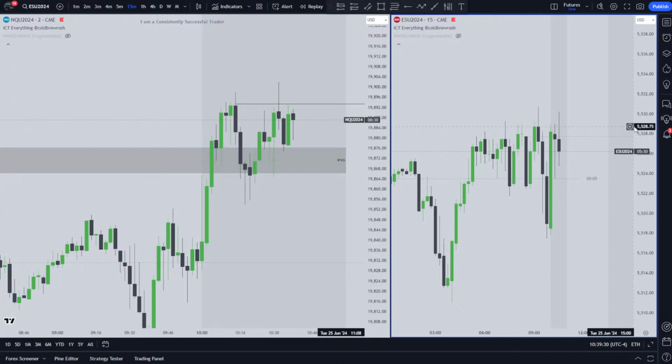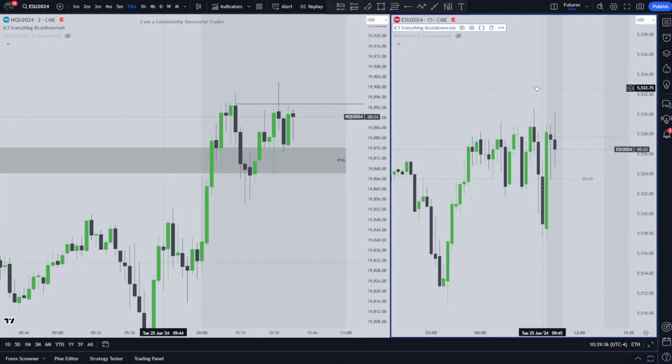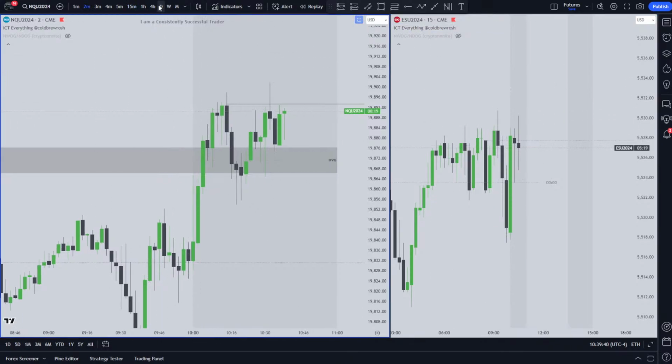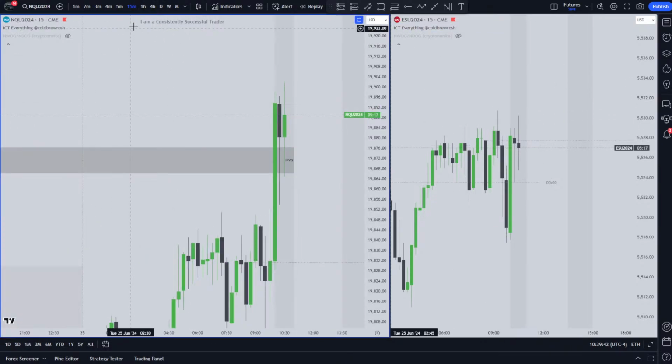I didn't see either of them. Even midnight, it was below midnight and it closed back above it. It kind of was clean.